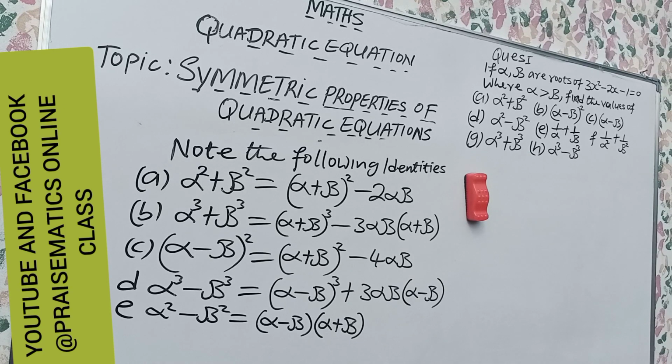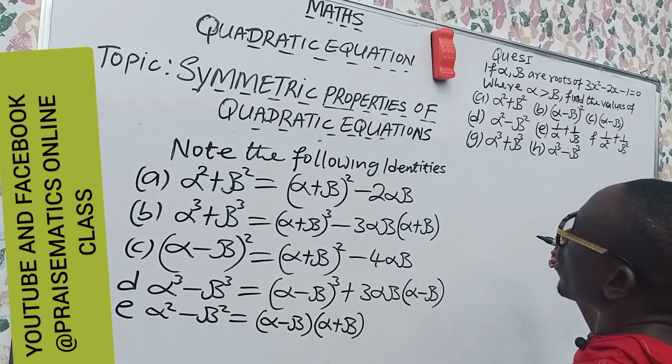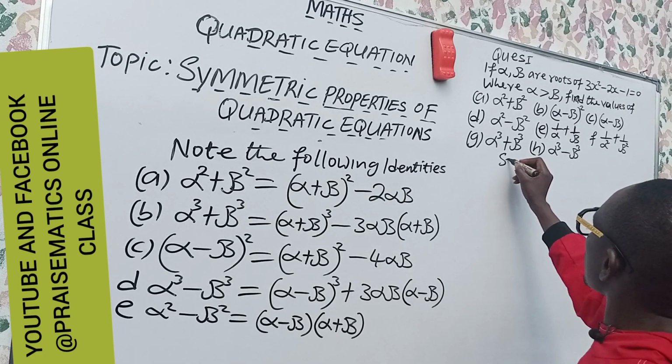G, alpha cube plus beta cube. H, alpha cube minus beta cube. How do we solve this? We are going to follow them one after the other. So solution.